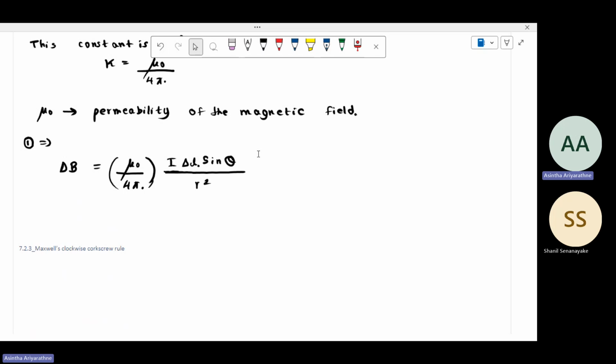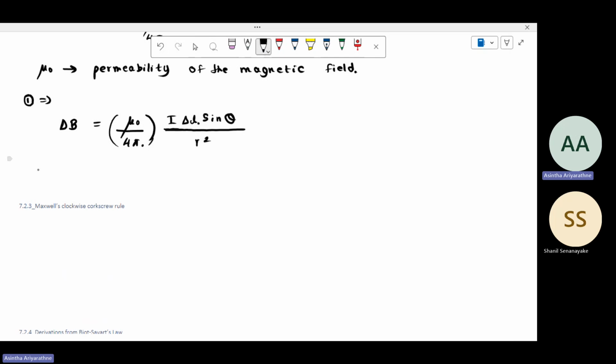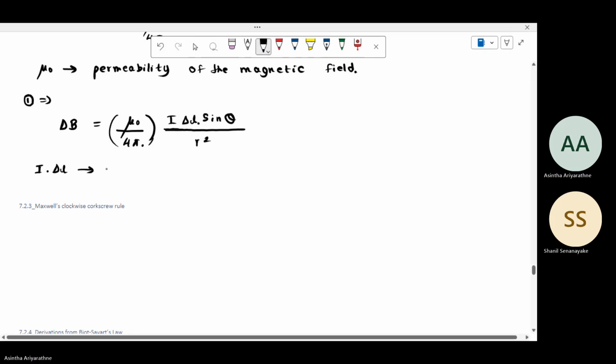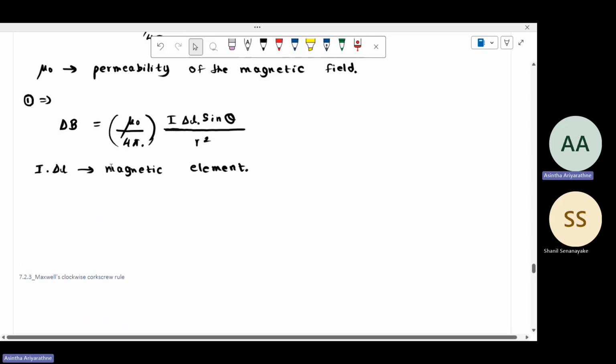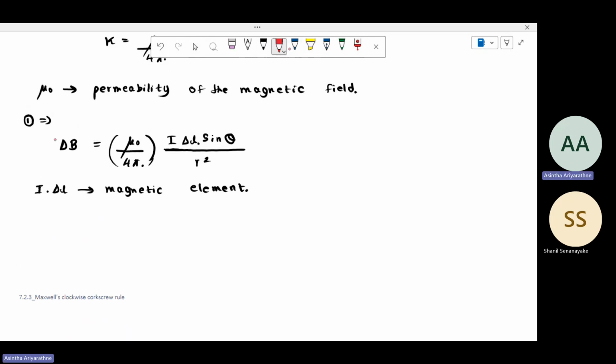And this I delta L is called the magnetic element, I into delta L. This is the basic expression for the Biot-Savart law.